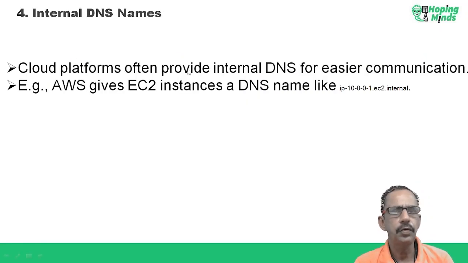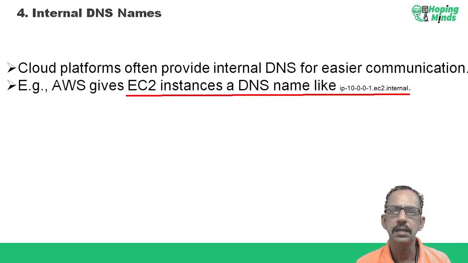DNS, I have already told you; DNS itself has an IP there. Cloud platforms often provide internal DNS for easier communication. AWS gives an EC2 instance a DNS name like this when we configure DNS or the S3 service.